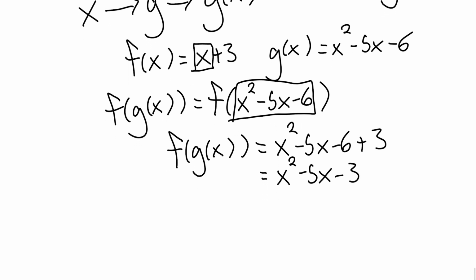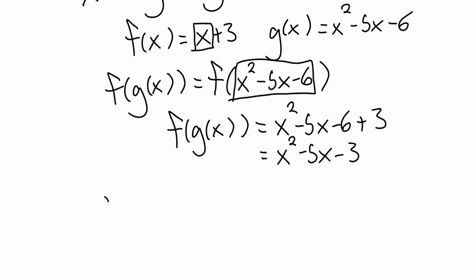Now we can do it the other way as well, g of f of x. This operation is not commutative, meaning that the order does matter. Addition and multiplication are commutative operations where the order you do them in doesn't matter. This is an example of a non-commutative operation where the order does matter. We're going to get a different answer potentially. Sometimes you might get the same answer, but it's just going to be coincidence.